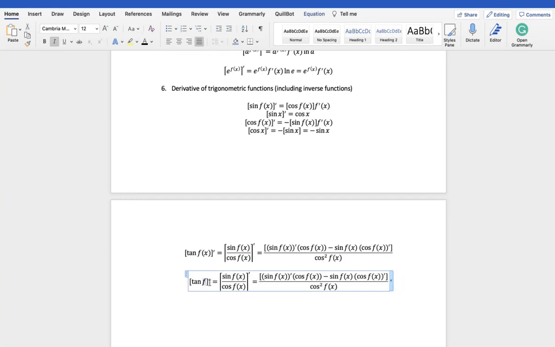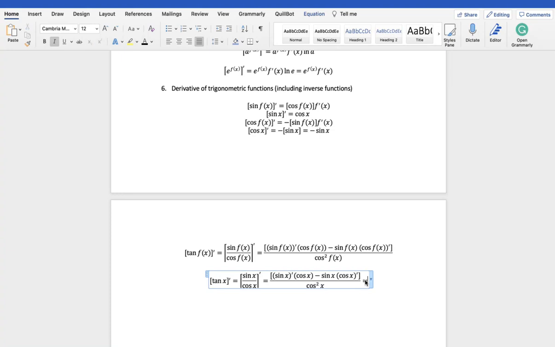The derivative of tan of x is equal to the derivative of sine of x multiplied by cos of x, minus sine of x multiplied by the derivative of cos of x, all divided by cos of x squared.